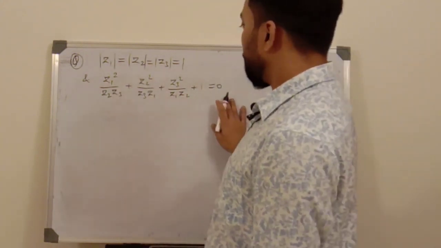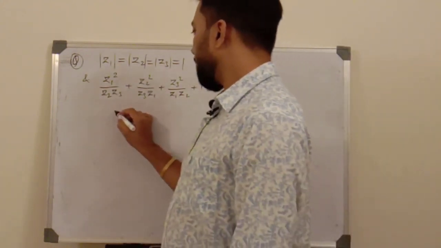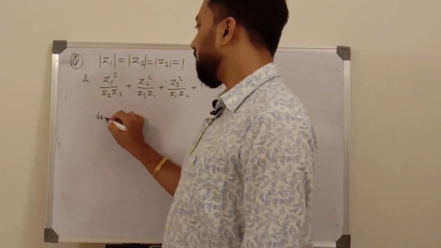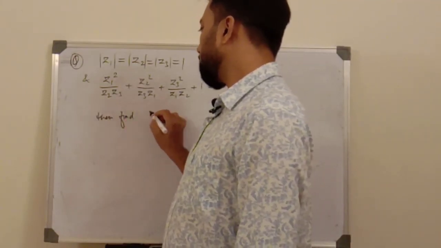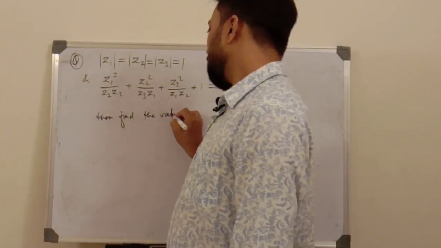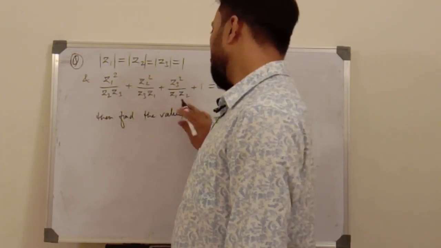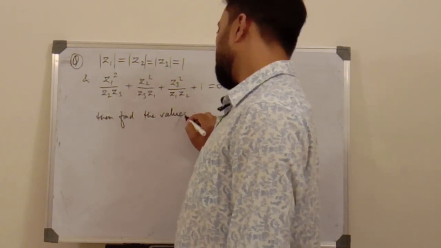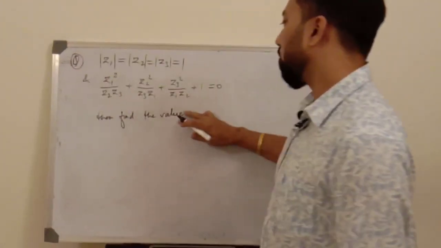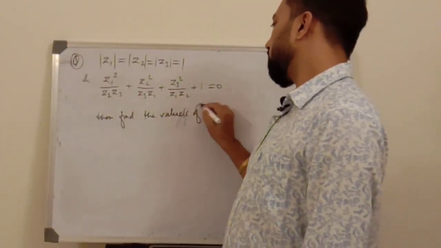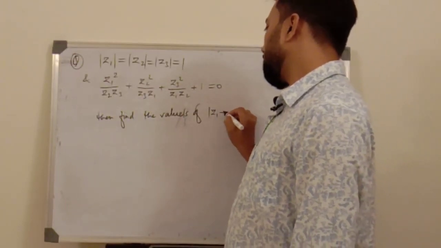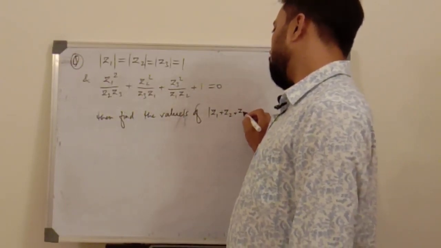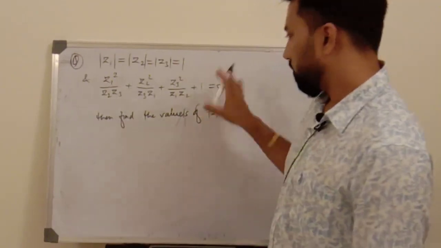We have to find the possible values of modulus of z1 plus z2 plus z3. So this is the question.